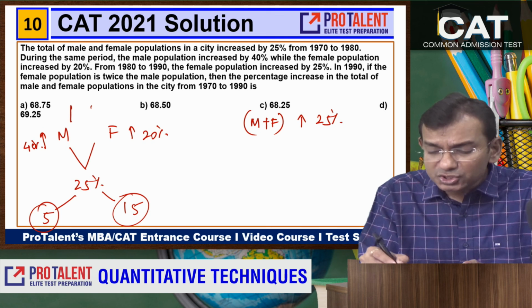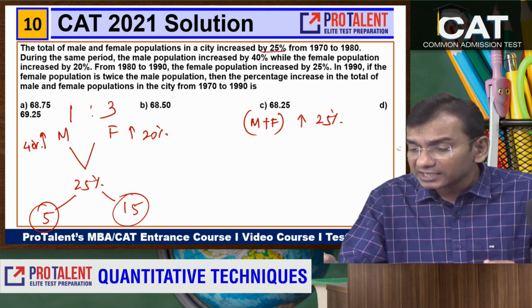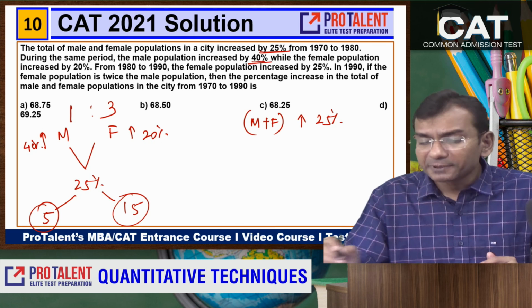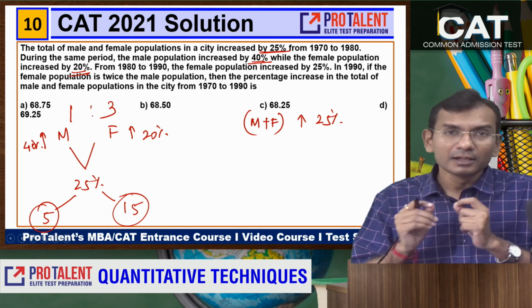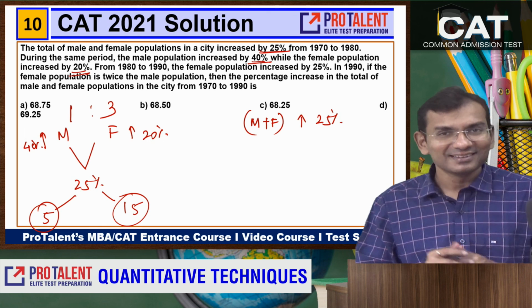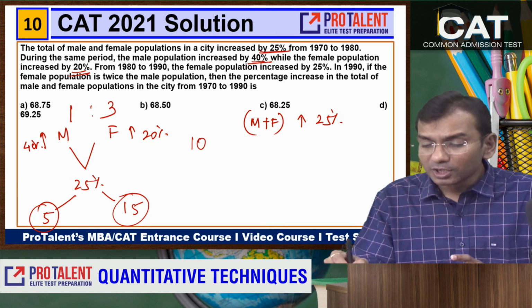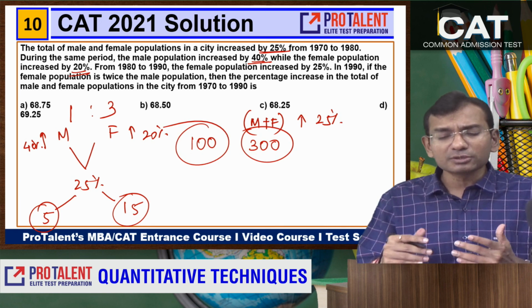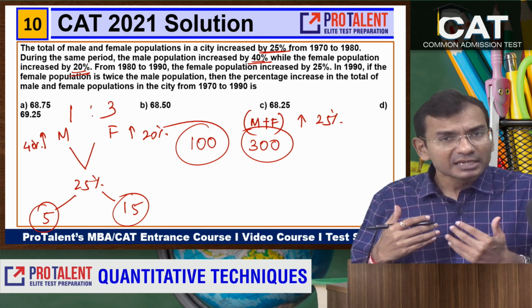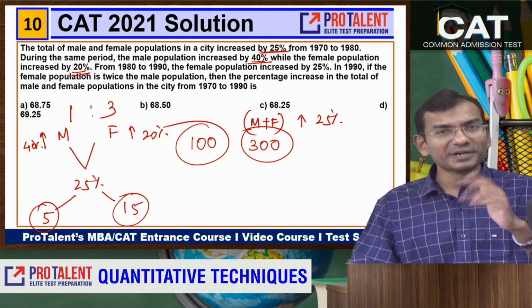That is 1:3 के रेशियो में मेल और फीमेल थे. ये जो डेटा दिया था 25%, 40% और 20%, ये आपको मेल फीमेल का नंबर बताने की कोशिश हो रही थी. Is that comfortable? जब आपका 1:3 आ गया, I just assumed to be 100 and 300 और वहां से मेरा कैलकुलेशन बहुत तेज हो गया. It has given me a very good pace. I hope it is very clear.